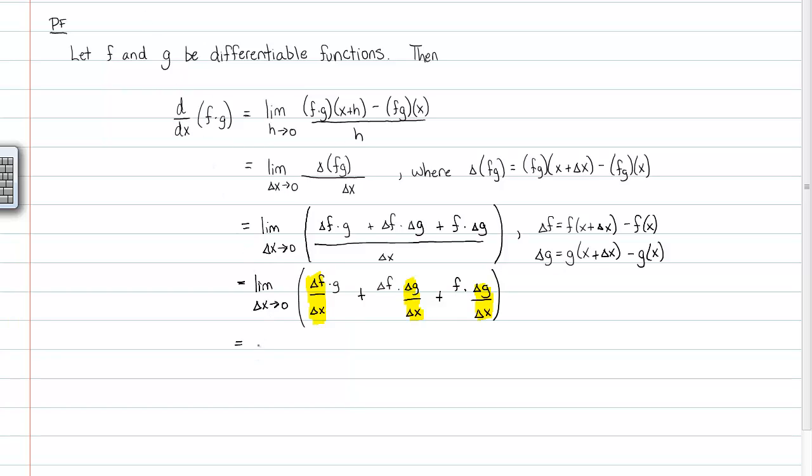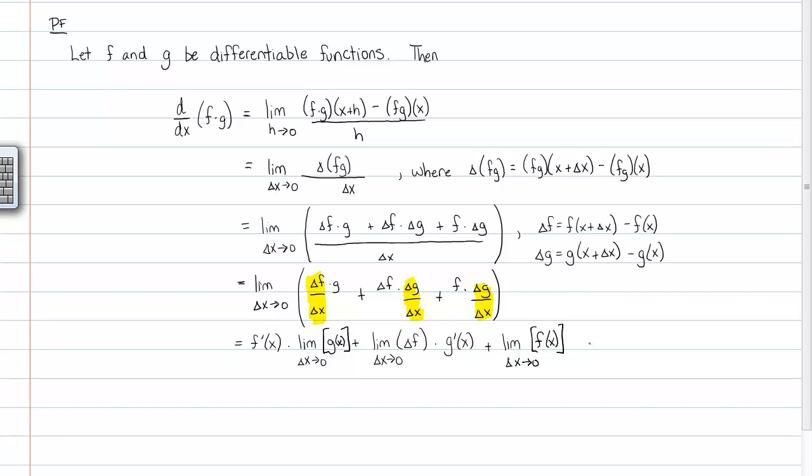So this implies that we have the following: f prime of x times the limit as delta x approaches 0 of g, plus the limit as delta x approaches 0 of delta f, and I should put that in parentheses, times, and we just said that that one's going to be g prime of x, plus the limit as delta x approaches 0 of f of x, I'll put the x here as well so I can talk about the same thing there.